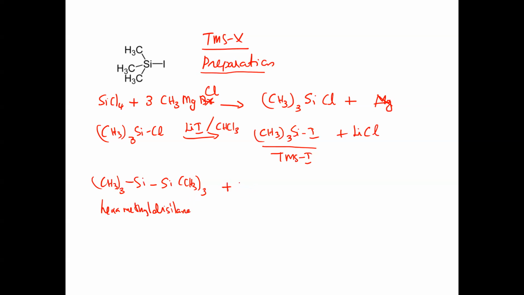This compound on treatment with iodine at around 25 to 60 degrees Celsius will give 2 molecules of trimethyl silyl iodide. Okay, this is how we can make trimethyl silyl iodide. There are 2 examples: we can make it from trimethyl silyl chloride, which is the first synthesis, and also from hexamethyl disilane, which is the second preparation.